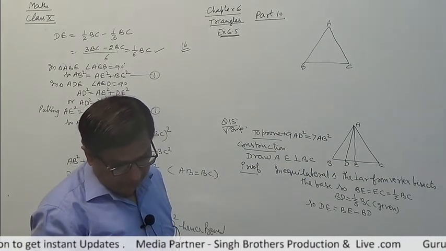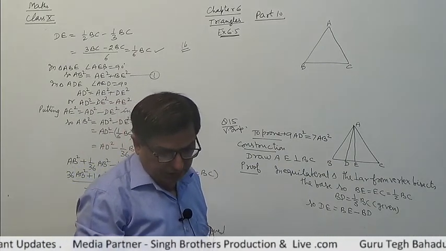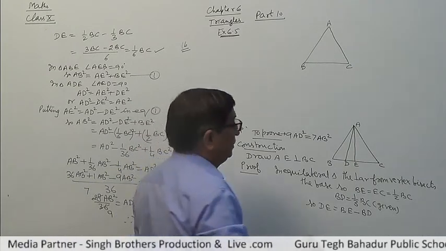Prove that 3 times the square of one side is equal to 4 times the square of its altitude.